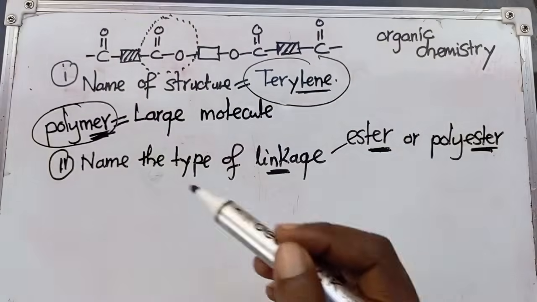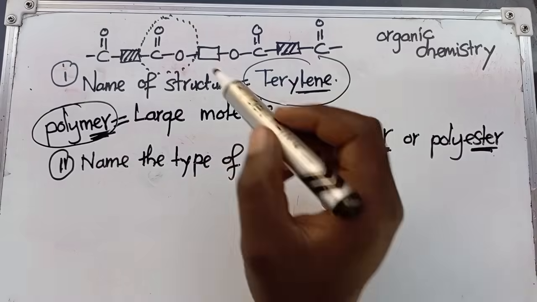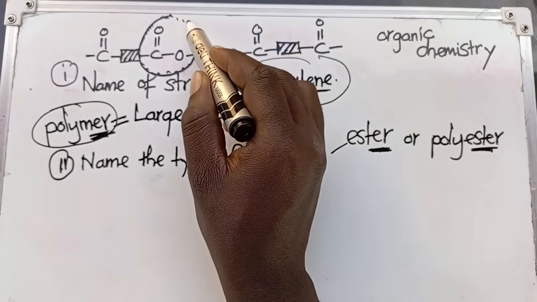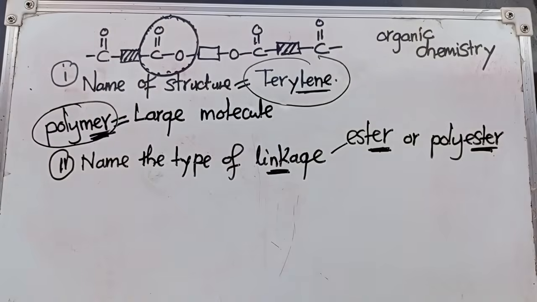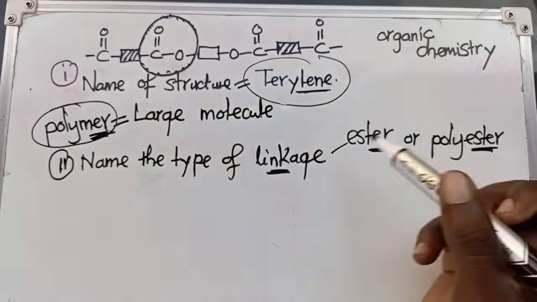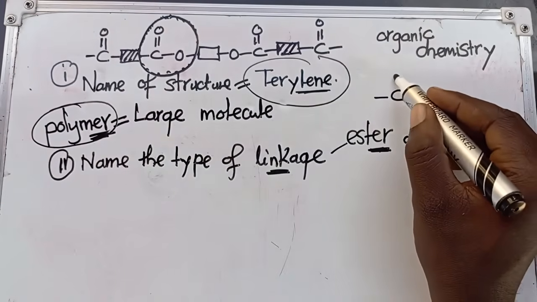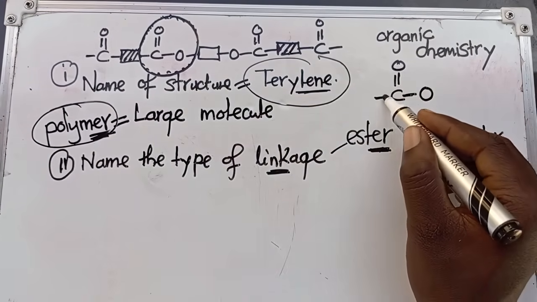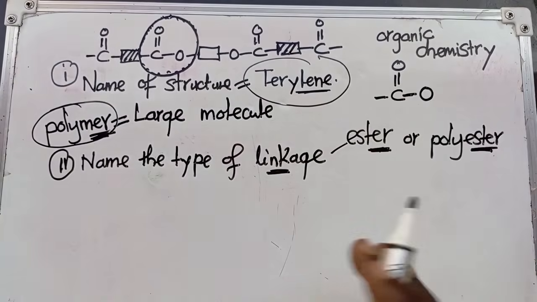If you were told to circle an ester linkage, this one that is here, this is an ester linkage. This is the linkage, ester linkage. It is just like this. Have you seen? So just like this, you are able to understand this.